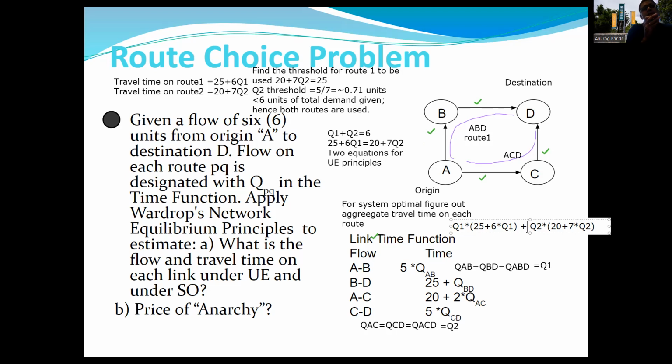Good news is that my conservation of flow principle still applies. I cannot use this equation where travel time on both routes are equal for my system optimal assignment, but my conservation of flow equation is still valid.